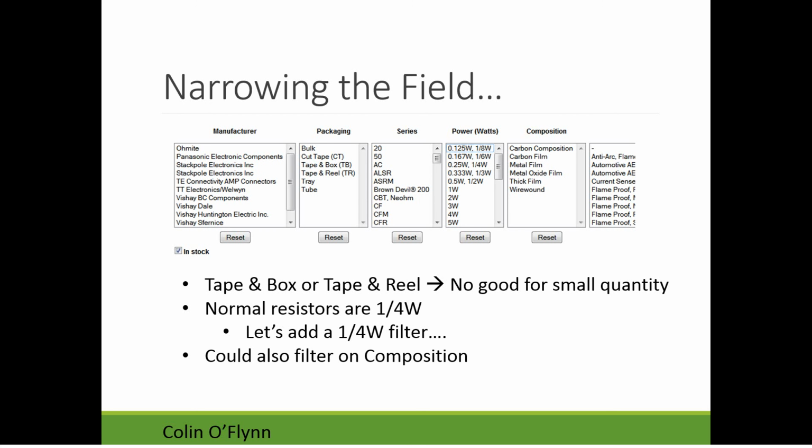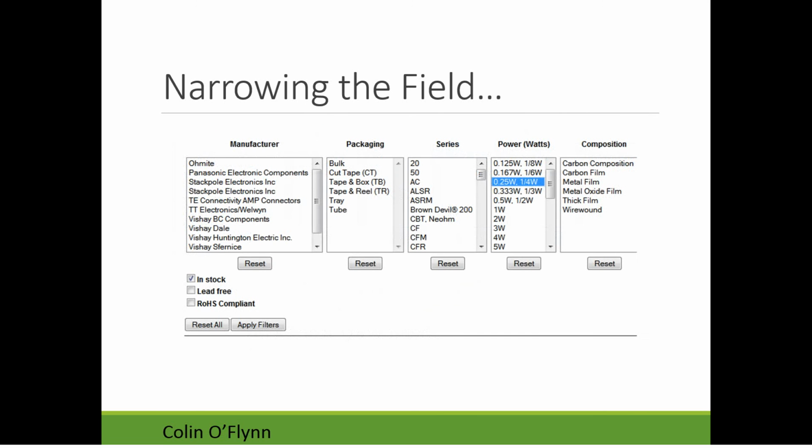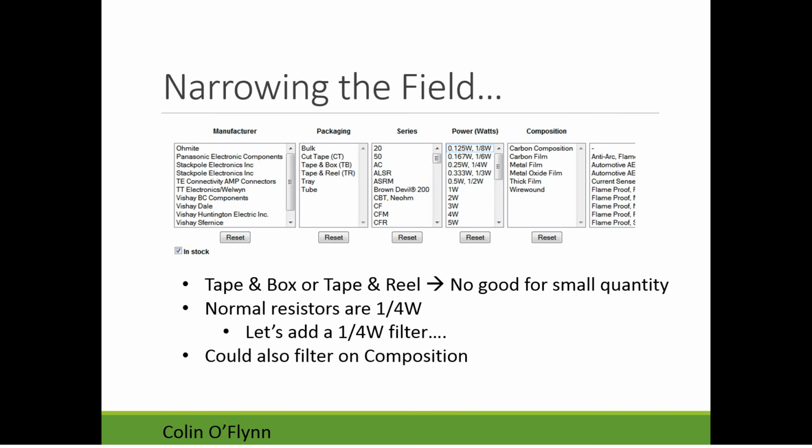So we would just filter on that. This will give us like 100 options to choose from. So we're getting down there. We're going to do a few more things. At this point, we just have to look at these and say, what do I want to filter on? For example, this packaging option: I know for a fact that anything on tape and reel means you have like 5,000 or 10,000 of them you need to order.